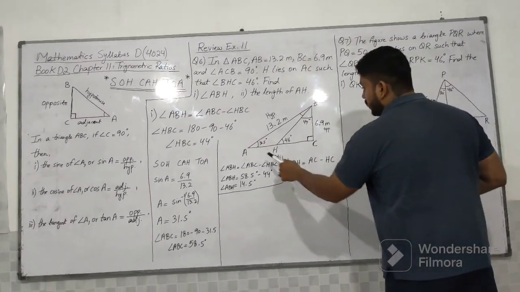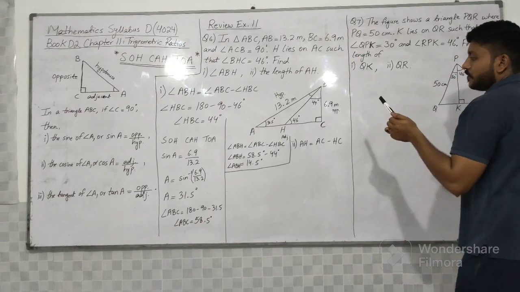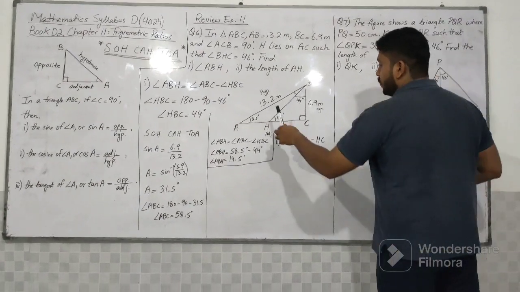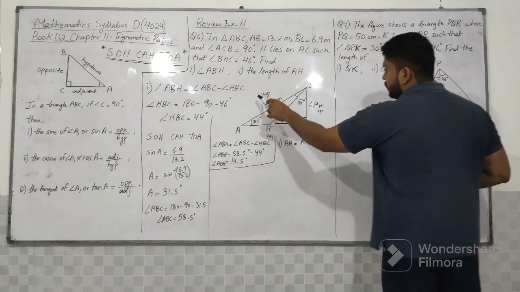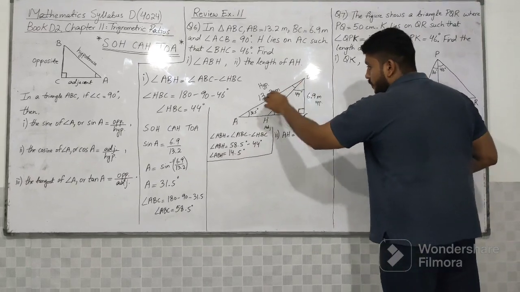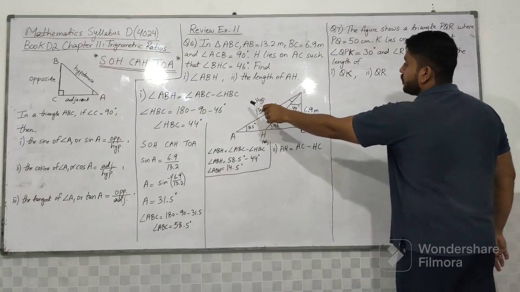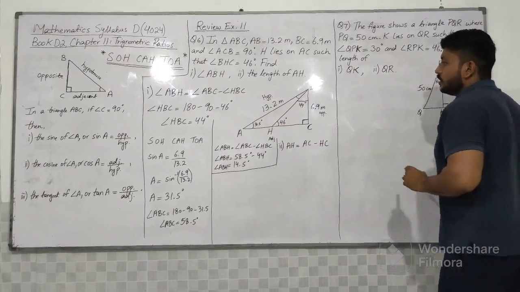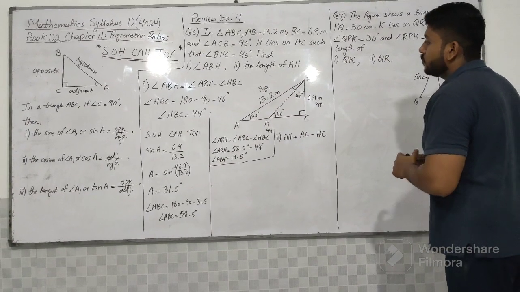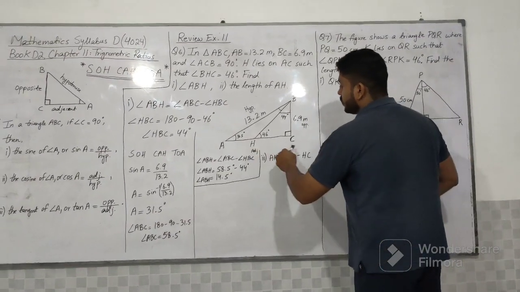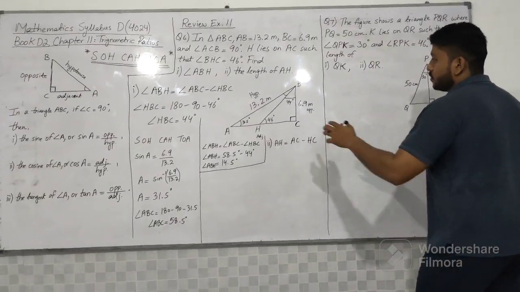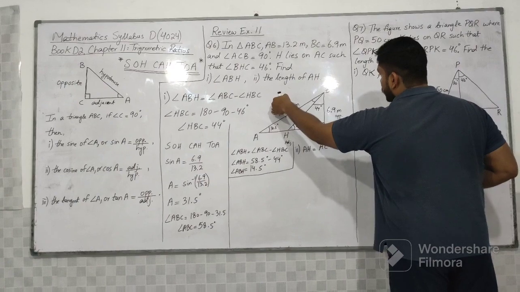So how to find the length of AC? The length of AC is very easy to find. How? Using Pythagoras theorem. Because if we consider the larger triangle ABC, we have the hypotenuse and the opposite both. So we can try to find the third side. This is the hypotenuse, which is the longest side.